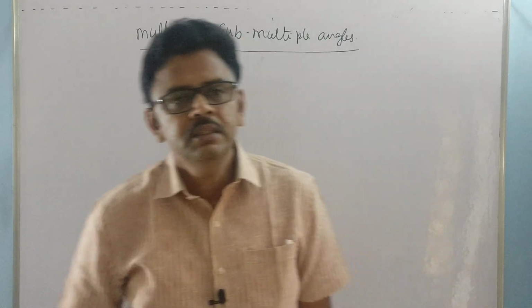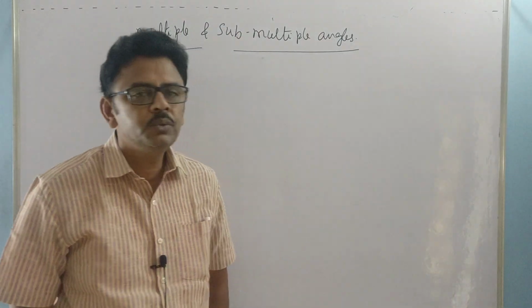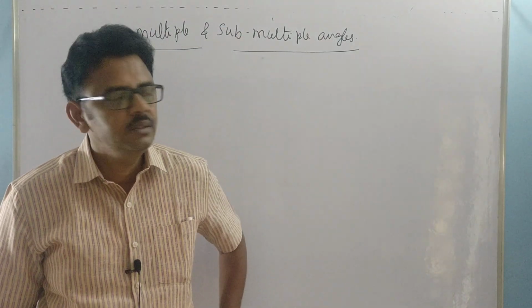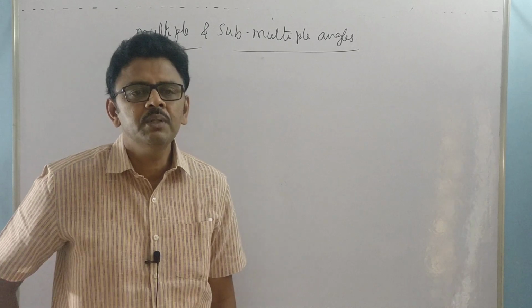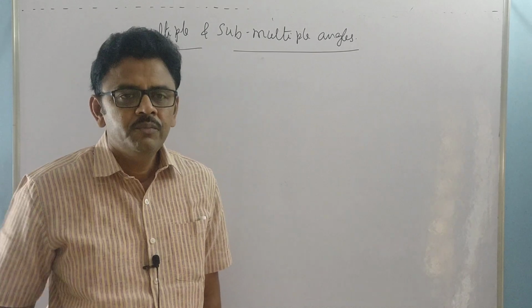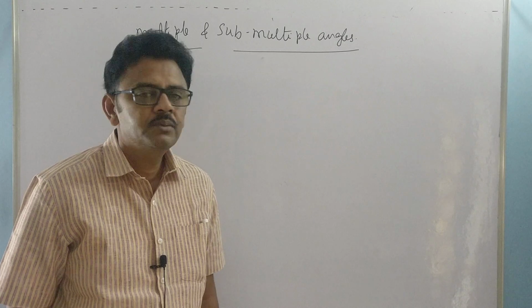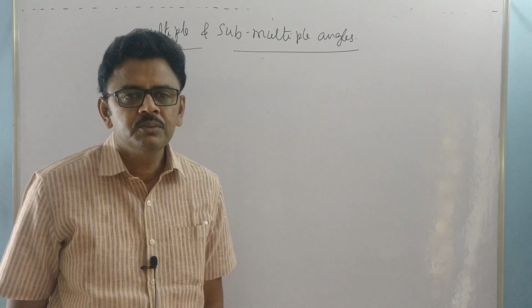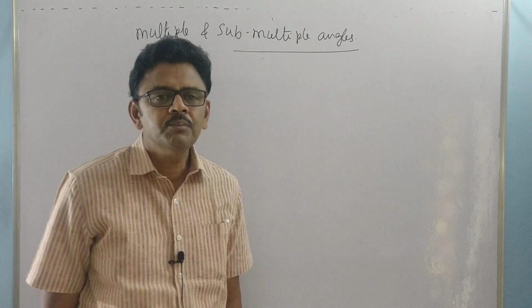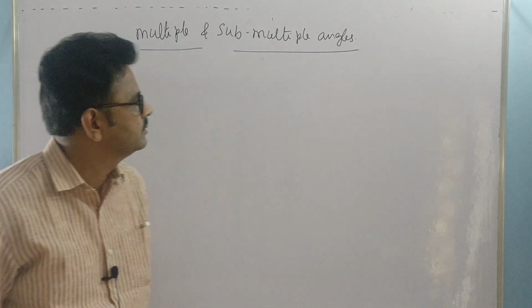See, if A is an angle, then 2A, 3A, 4A, these are called multiple angles. Whereas A by 2 or 3A by 2 or A by 3, these are called submultiple angles.